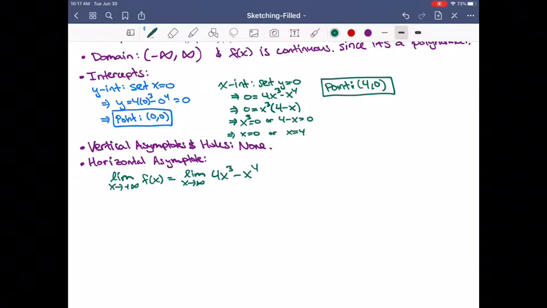When you're taking the limit as x gets really big for a polynomial, really the only thing that matters, I'm just trying to think of a way to explain this best.